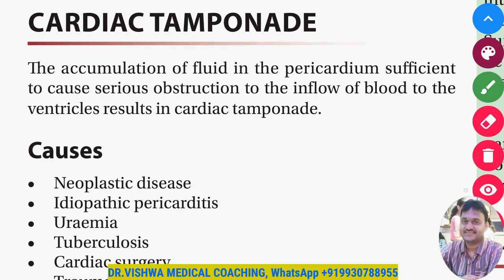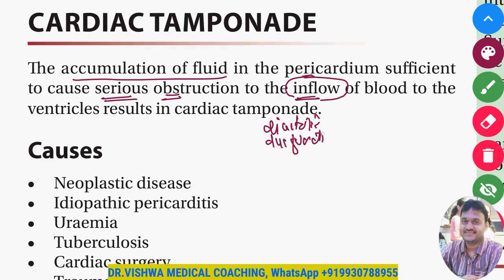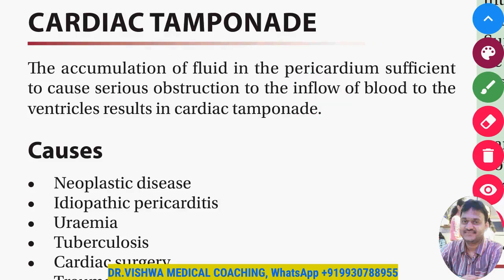So it is commonly called a cardiac tamponade. It is a condition where the effusion is so severe, the accumulation of fluid in the pericardium is sufficient to cause serious obstruction to inflow. So this is diastolic dysfunction. Blood will not fill inside the ventricle, and that can lead to a lot of problems.